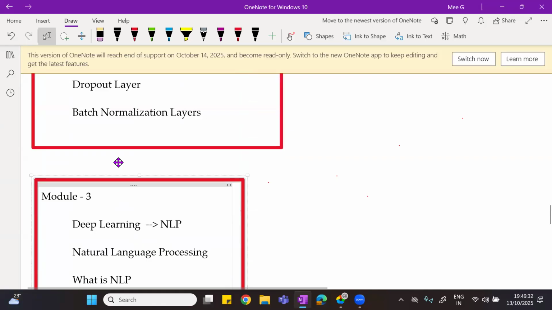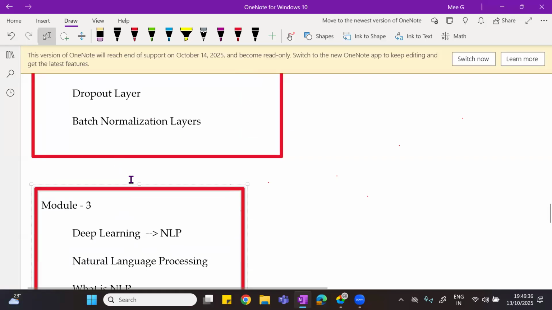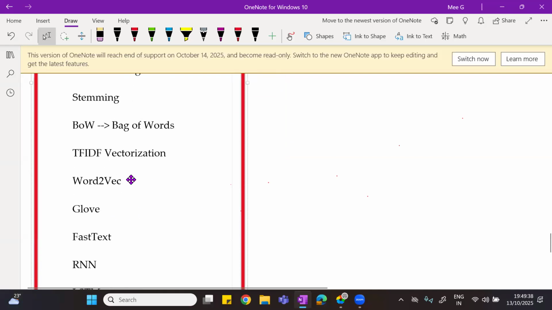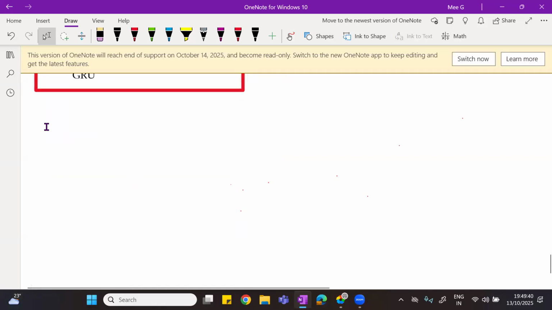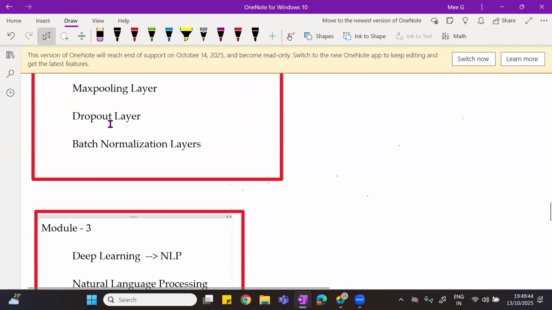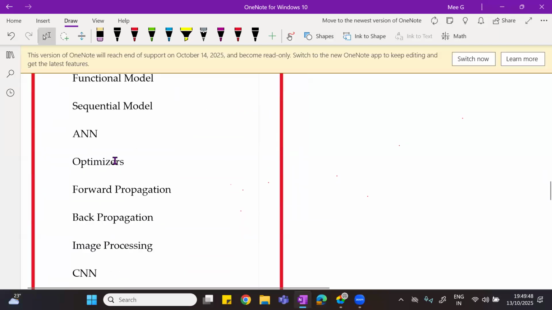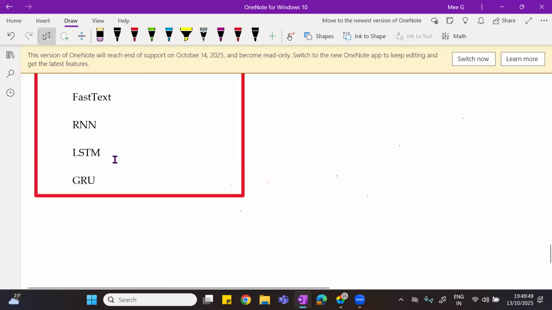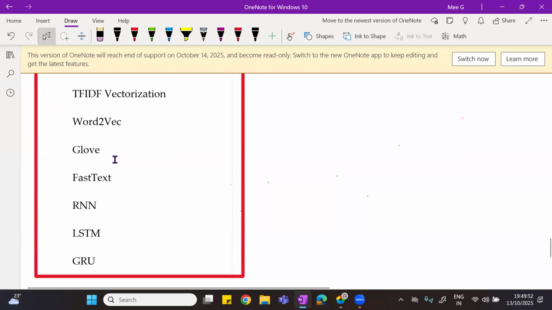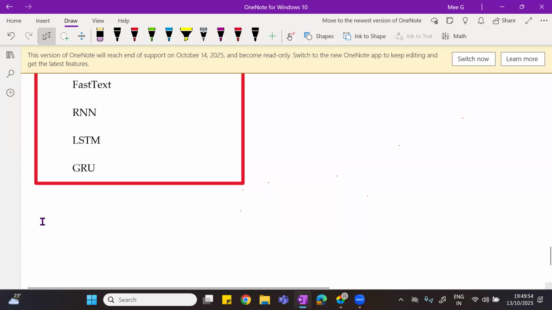Complete. Okay. Now, after this, we will be jumping into generative AI. Now, your extreme level coding will be over here, guys. This deep learning computer vision, deep learning NLP. Your extreme level coding will be here.